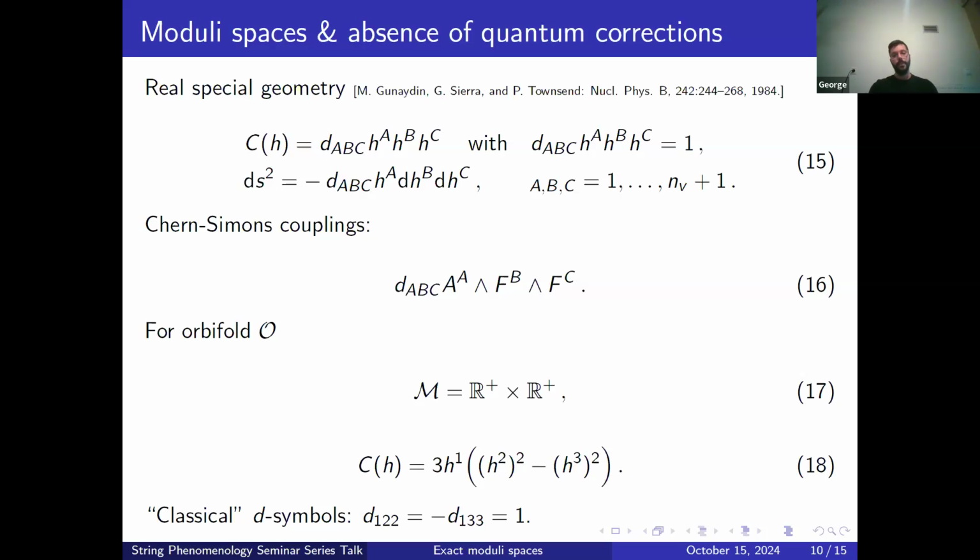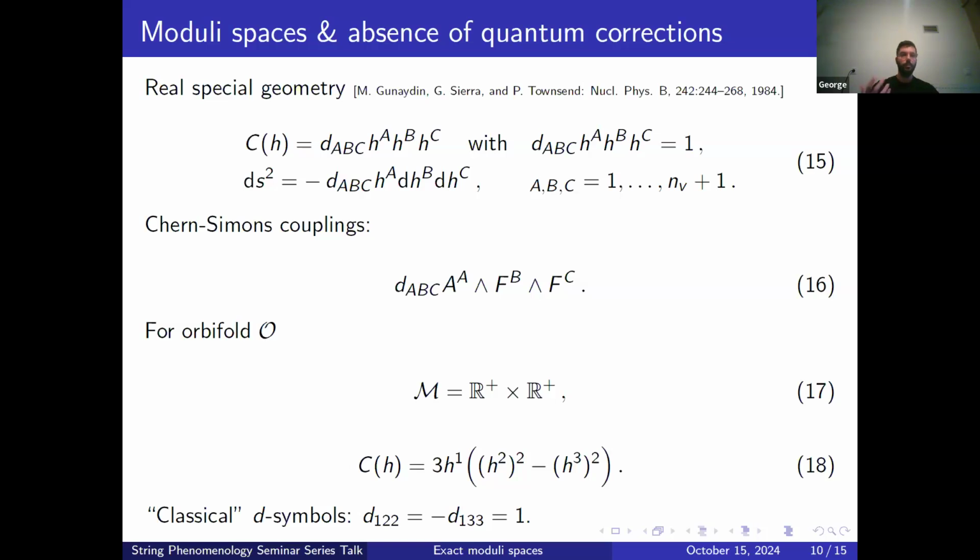In general, the vector multiplet moduli space for theories with 8 supercharges in 5 dimensions can be described in terms of real special geometry by a cubic polynomial C(h), which is given by these D_ABC symbols. These are some numbers, and the scalars h^A should satisfy the condition that D_ABC h^A h^B h^C is equal to 1. The indices A, B, C run from 1 up to the number of vector multiplets plus 1.